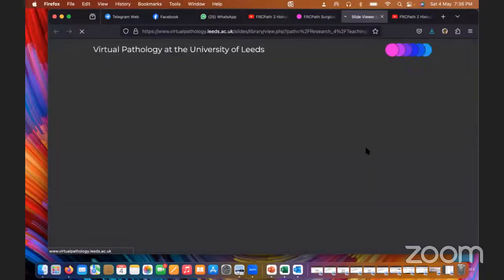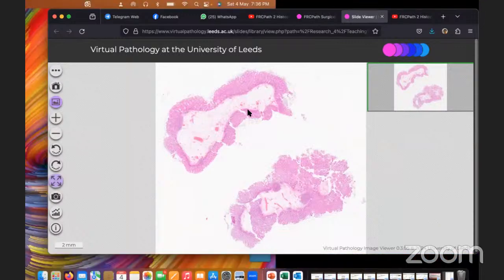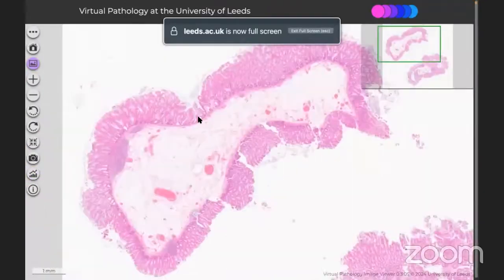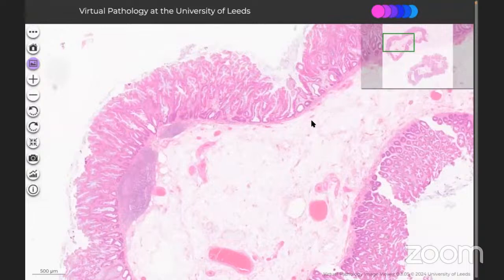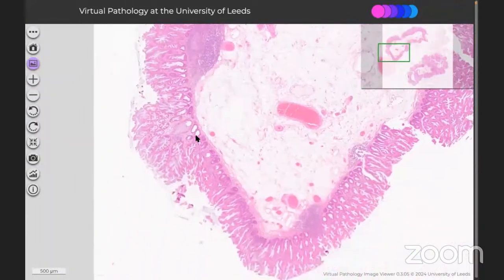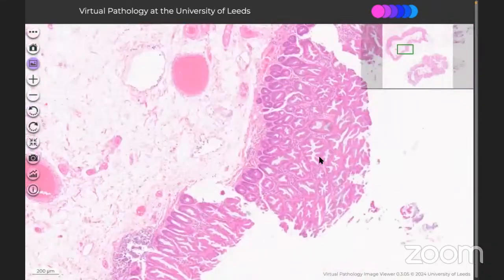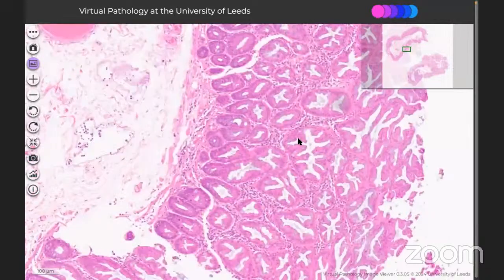So if we go to the microscopic image of the polyp, we see that this is a polyp which shows crypts with a bit of abnormal orientation. We know that these crypts are star shaped, with what is known as serrations.